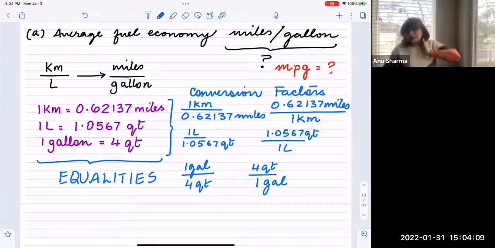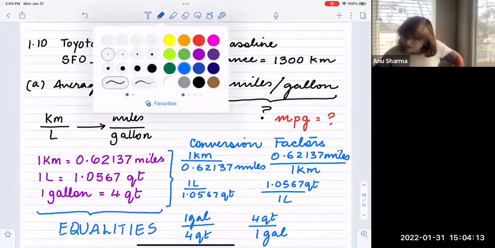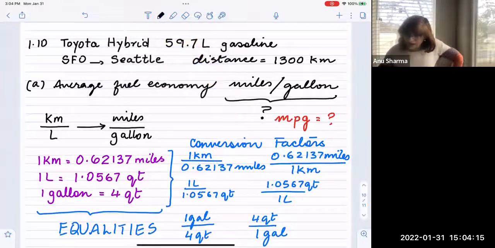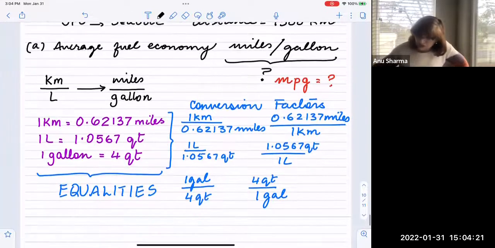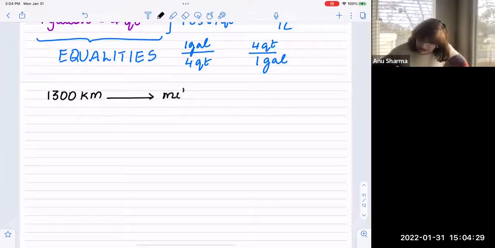Okay, anyway, so here we will write down our given. Because it's miles per gallon, the distance per liter, we will write 1,300 kilometers on top. So this 1,300 kilometers needs to be converted to miles.